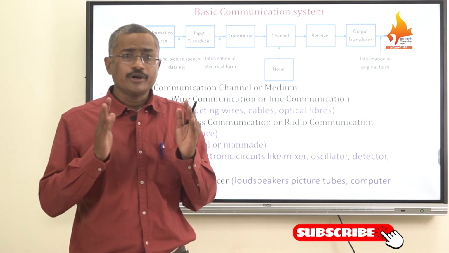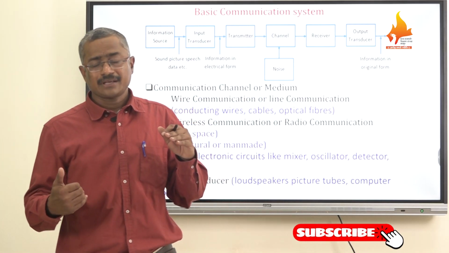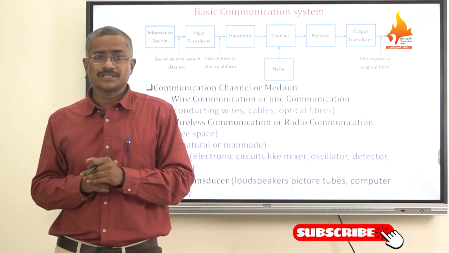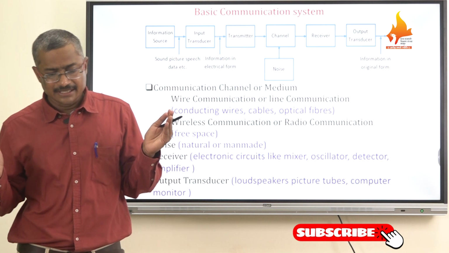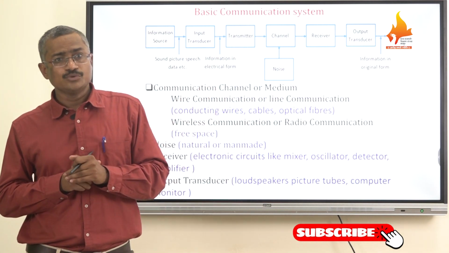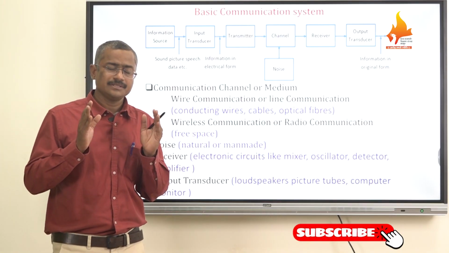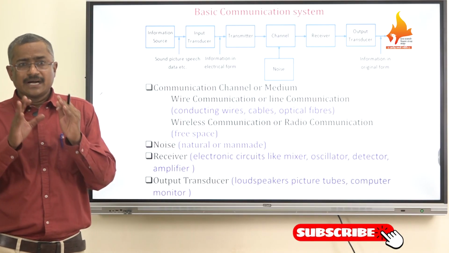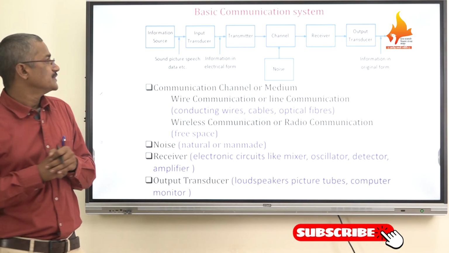The receiver converts the signal back into the original form, and it is given to the output transducer. Output transducers are basically loudspeakers, and computer screens are also used as output transducers. Now, this was regarding the basic electronic communication system.